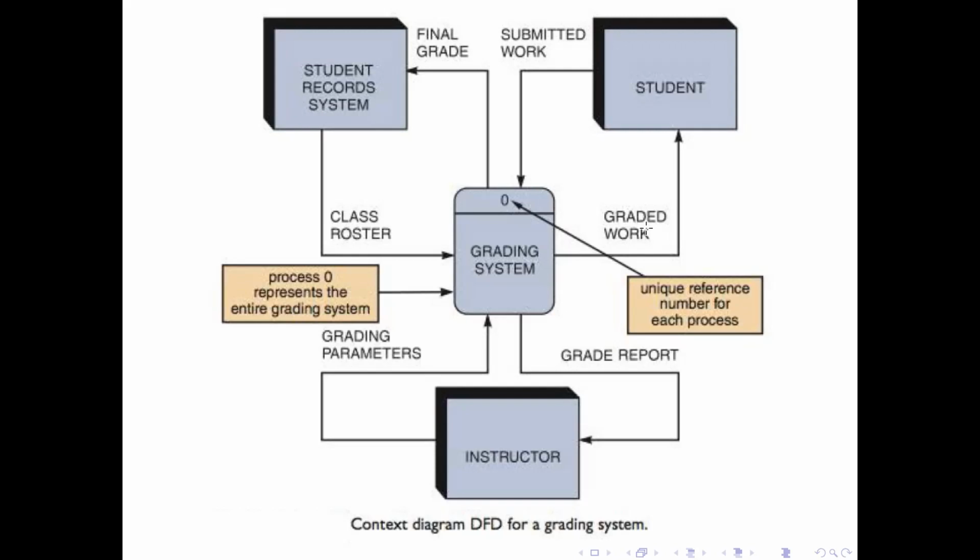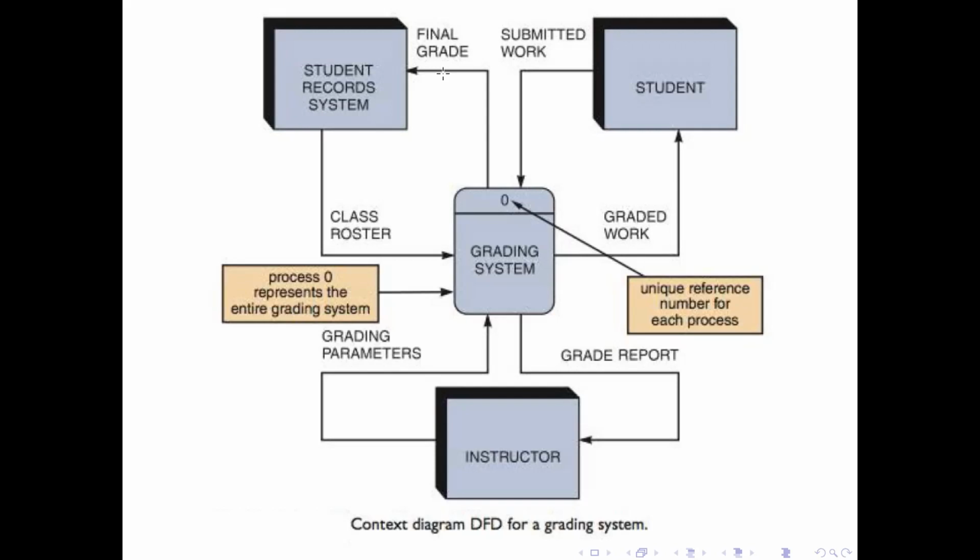The grade reports are sent to instructors once they insert grading parameters. Finally, from the recording system, you have the class roster, which means the number of students, their registration numbers, and so on, without any grade. And later in the process, you are going to put in the final grades, right?